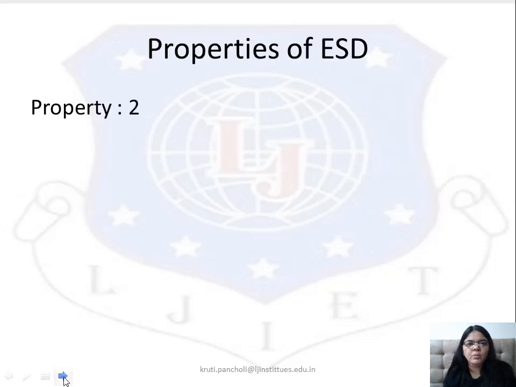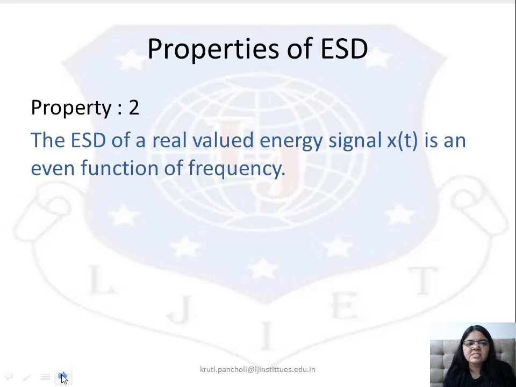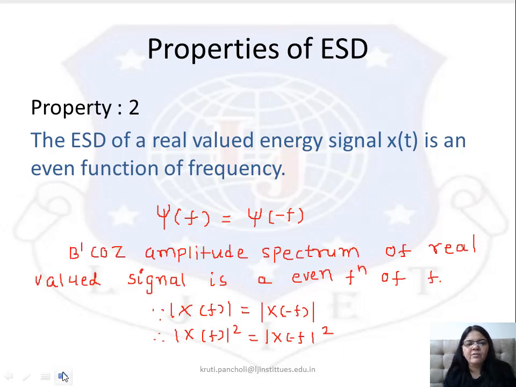Property number 2: the ESD of a real valued energy function x(t) is an even function of frequency. It means whether you take the positive value of f or the negative value of f, the spectrum magnitude is the same for a real valued signal.